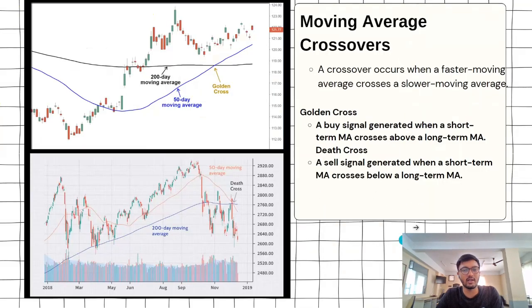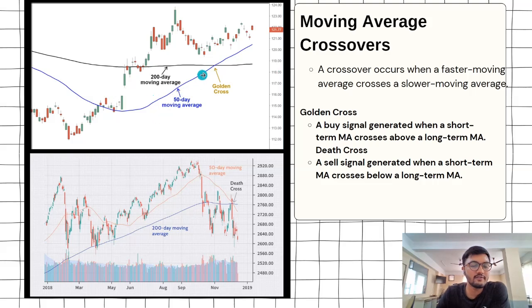So what I'm trying to tell, so there are two types of crossovers. Now I'm showing you the golden cross and the death cross. So you can see this is the 50 days moving average, and this line is the 200 days moving average.